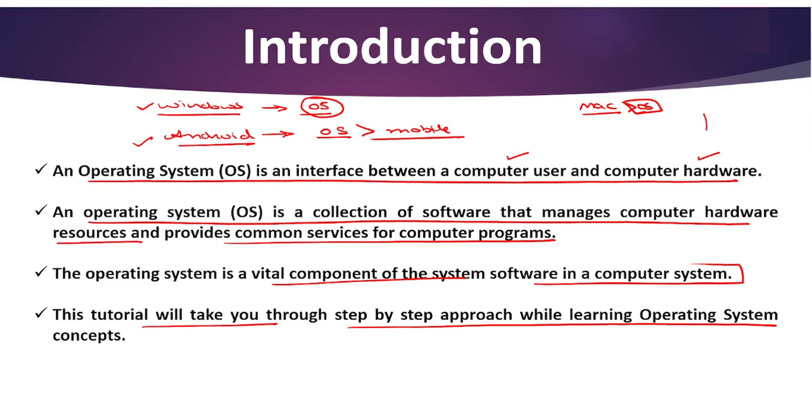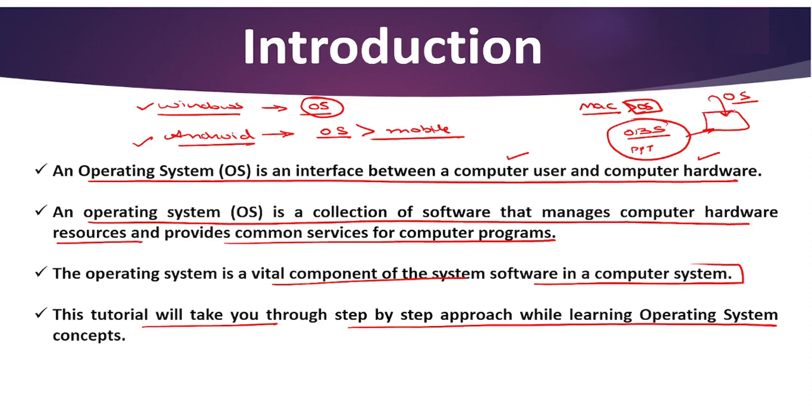For example, let's say this is my computer. When I load an operating system into my computer by a boot program, it always manages all the other application programs in the computer. For example, under my computer, let's say I'm recording this video by using OBS. I'm using PPT. I have so many other softwares in my laptop.